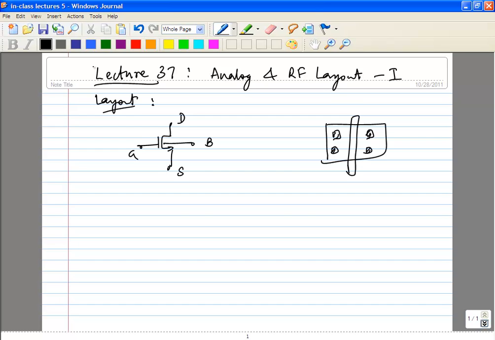Okay, so this is the gate. Obviously, the gate is made of polysilicon. So now you need to contact the gate. What you'll do is extend out the gate, then put in a contact. The contact is a kind of via which goes from either diffusion or poly to the particular metal layer you want, typically metal 1 in this case.